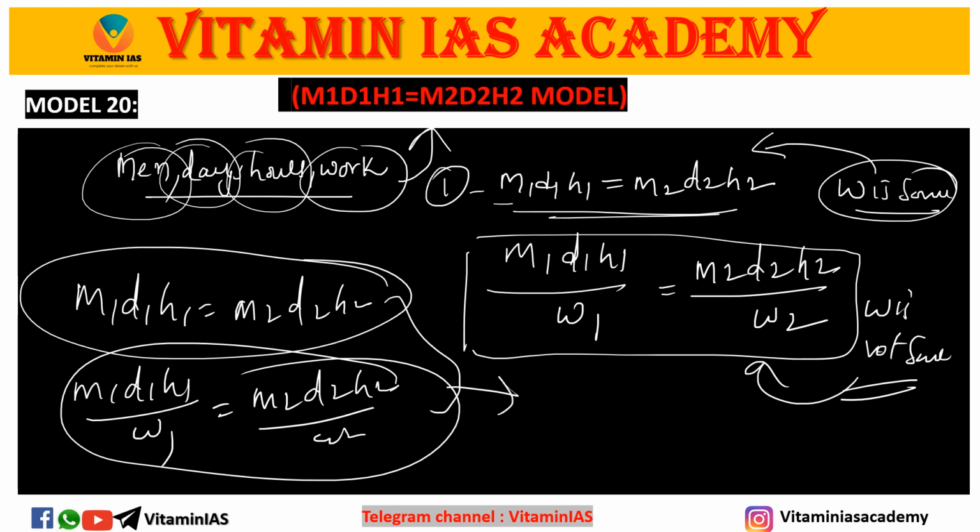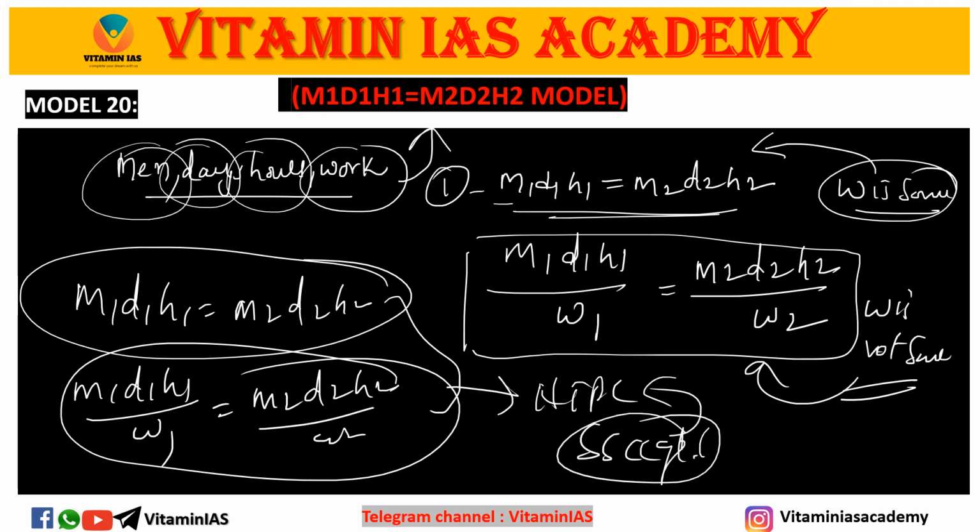Both formulas are easy to recall, and the questions are easy to solve. Let's solve a question, then you will get more clarity about this method. This is a really important method for NTPC, RRB, SSC CGL mains, and if you have really good luck, UPSC CSAT also asks these types of questions.